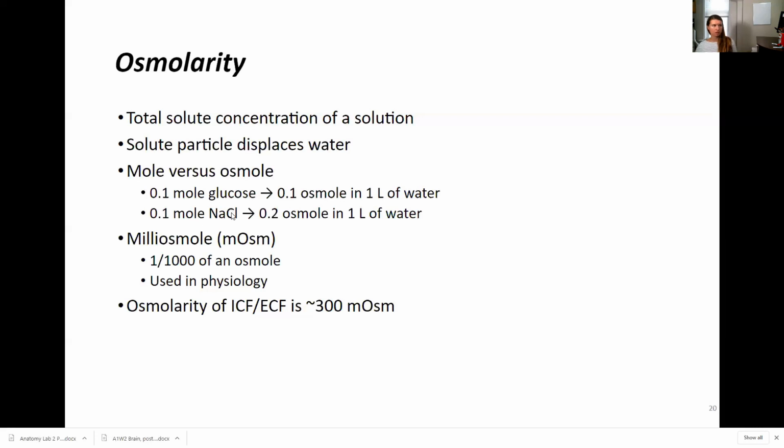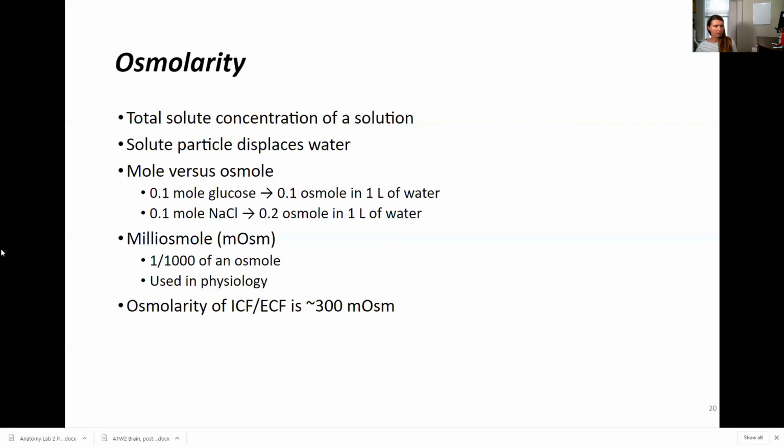The reason for that is that salt, sodium chloride, dissolves in water. So sodium pulls away from our chloride ions, and those are each going to take up space away from the water on their own, and more space than if we had just one molecule, nice and compact.